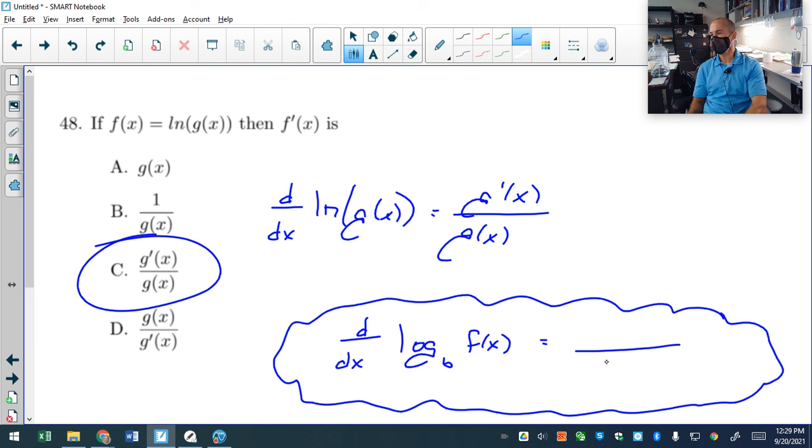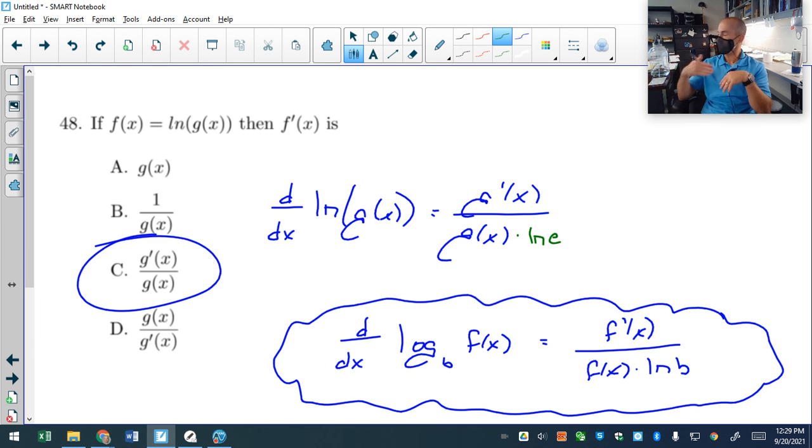We put the argument, the interior, on the bottom, and we put its derivative on the top, but then you multiply the denominator by the natural log of whatever the log base is, which again is part of the natural log base e. But when I do that in here, the natural log of e is 1, and so we don't write it. And fortunately, we don't see too many logs that are not base e. Almost every one of them will be natural logs.